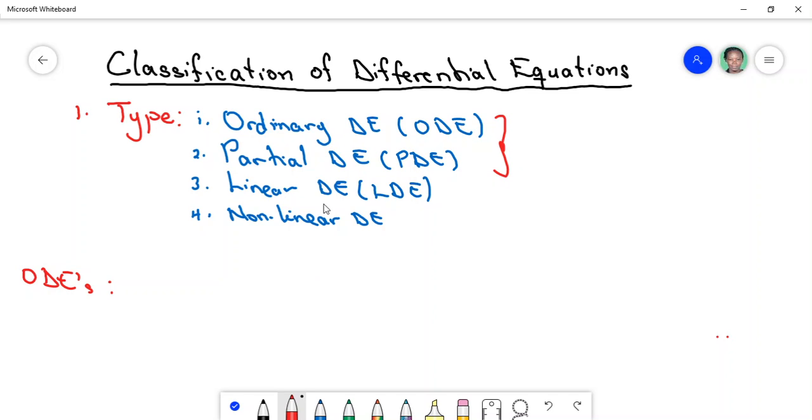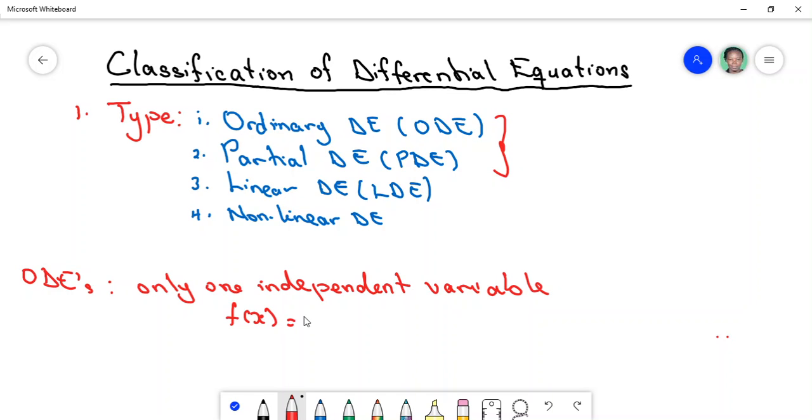So for the ordinary differential equations, we are saying it has only one independent variable. So if I have a function, let's say we have f of x equal to y, you realize that this function has only one independent variable.